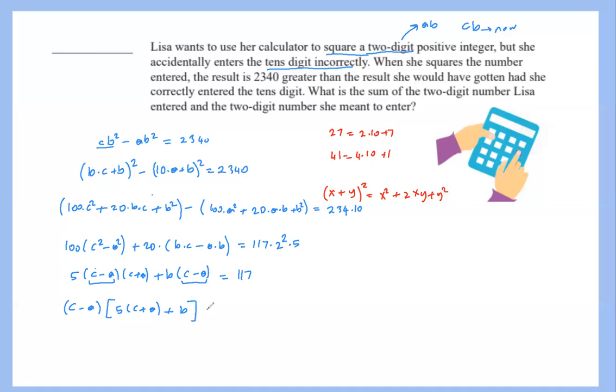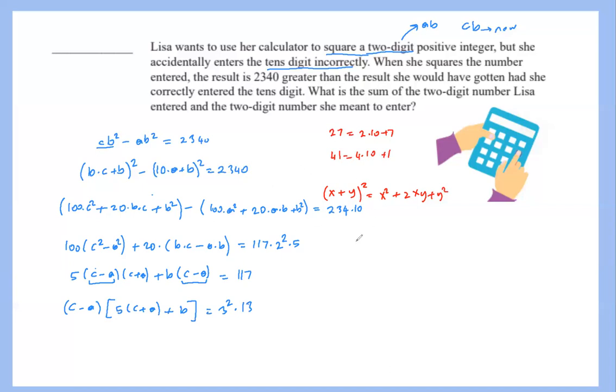Then I close parentheses because I pulled this and this out as a factor. And now this number, when you add the digits, is 9, which means it is divisible by 9. So if I write 3 squared, and then 117 divided by 9 is 13, so 13 times 9.